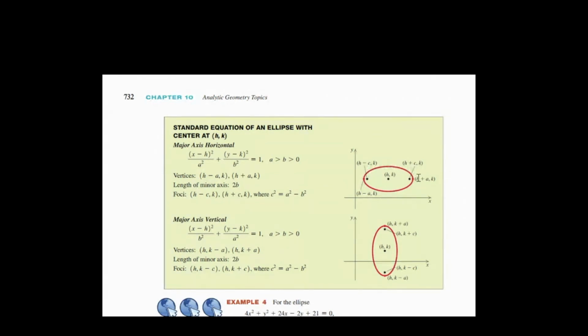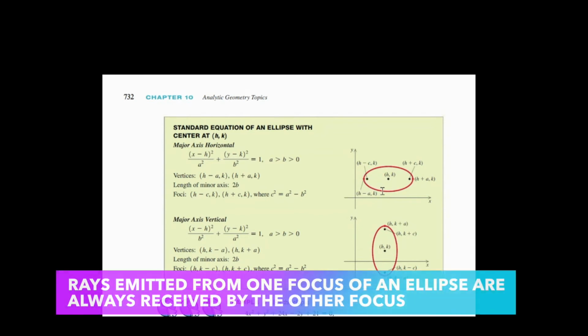And if this elliptical shape is reflective so that the rays bounce off, then no matter what direction the ray comes out, and typically sources come out in all different directions, right? So here's this source, this emitter, and it's coming out in all different directions. No matter what direction it comes out, when it bounces off the ellipse, it always goes through the other focus.